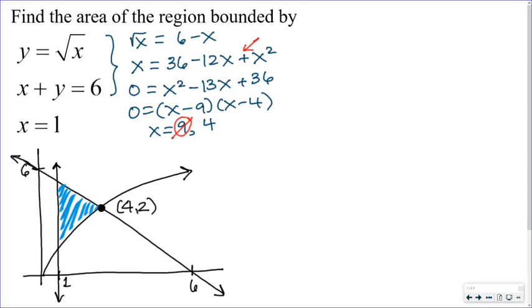Again, very important to get the graph right so that when you set up your integral, you have the limits of integration done properly. Okay, so I am all set with my graph and I'm ready to set up an integral.